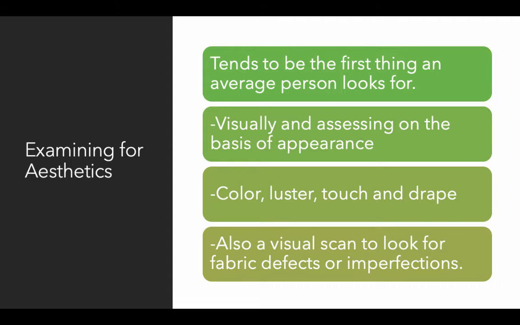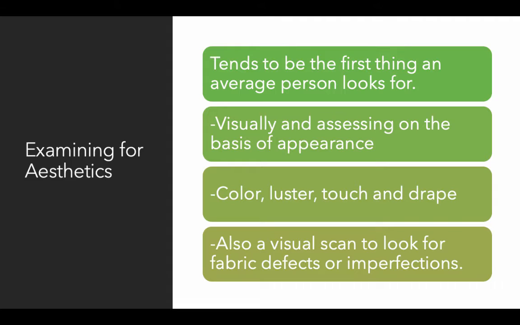It's always the first item that we consider in selecting a textile or an item made out of textile: what it looks like, right from afar, what it looks like on the hanger, what it looks like in the picture. So it's basically assessing visually by just the appearance, just the aesthetic.